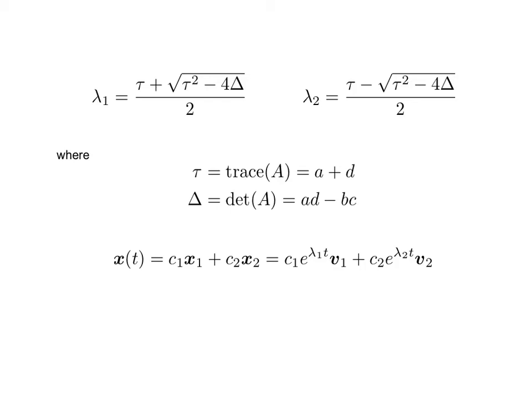Exactly, this depends on the initial conditions. We need two initial conditions because we are in a two-dimensional case, and based on these two initial conditions we find c1 and c2, and that's all.